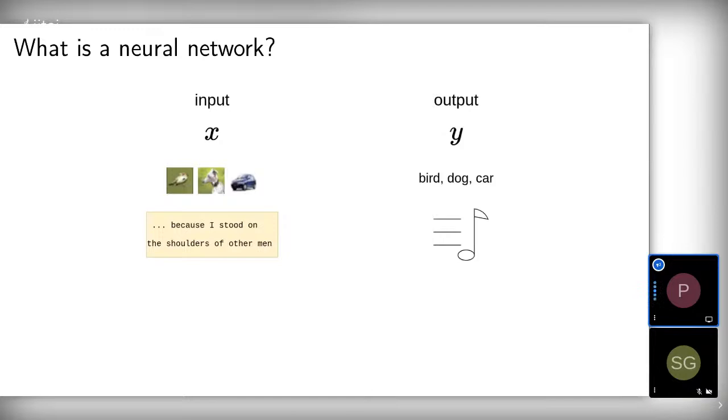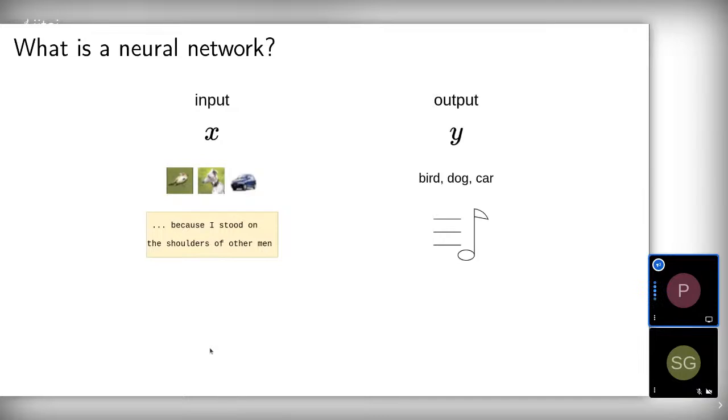The problem that you want to solve in any machine learning application is that you have some input, X, and you have some output, Y, that you want to connect it to. Your input could be images, it could be text, it could be some other kind of data that you've measured.